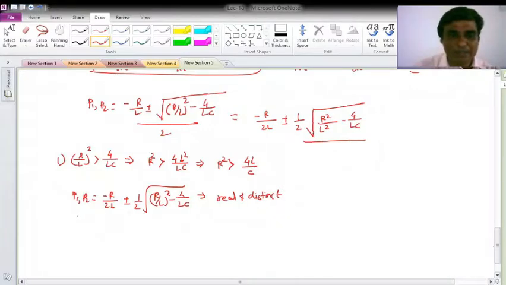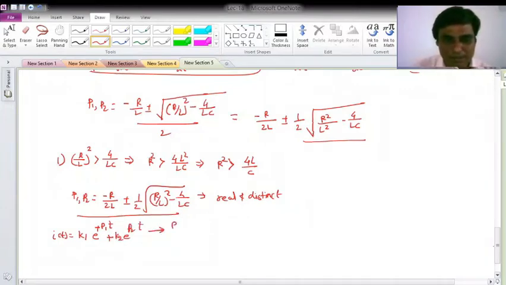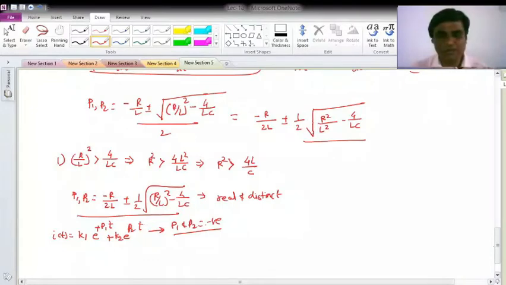Okay, and if this is the case, what kind of equation did you get for i of t? It was k1 e raised to p1 t, plus k2 e raised to p2 t, and remember that p1 and p2 have to be negative, then only it will be stable, or it will converge, otherwise it will go to infinity.